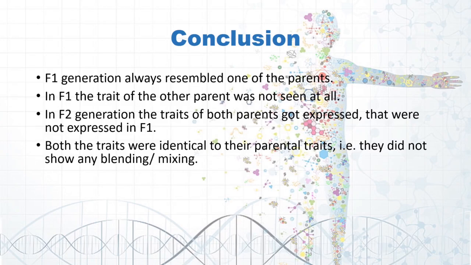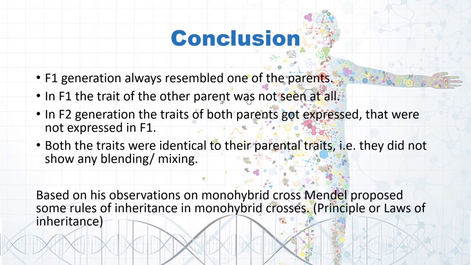Both the traits that were expressed now in the F2 generation were identical to their parental traits. That is, they did not show any blending or mixing. Based on his observations on monohybrid cross, Mendel proposed some rules of inheritance, which are now called laws of inheritance.